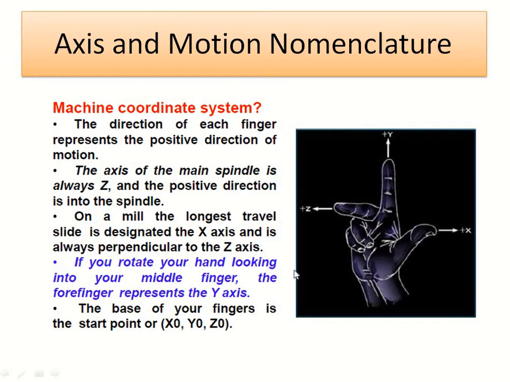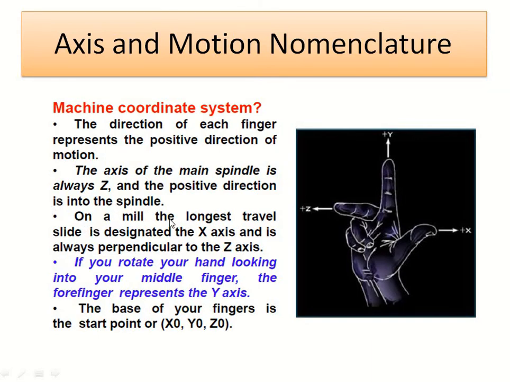Then the machine coordinate system or axis motion nomenclature: the direction of each finger, that is the right hand rule. We can use the direction of each finger to represent the positive direction of motion X, Y, Z. The axis of the main spindle is always Z, and the positive direction is into the spindle.